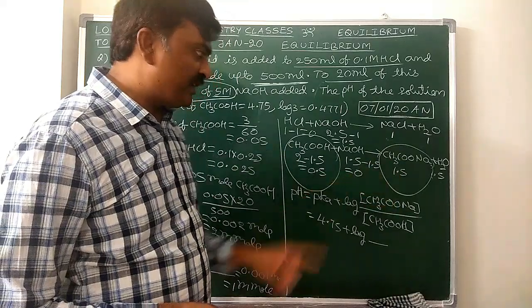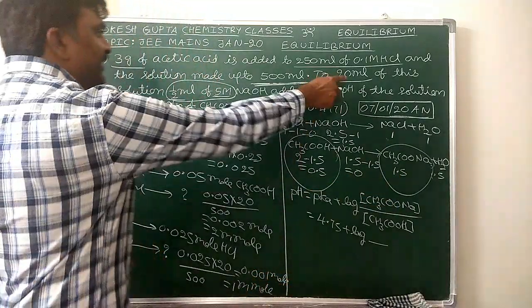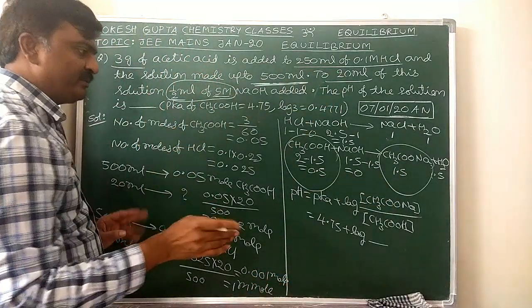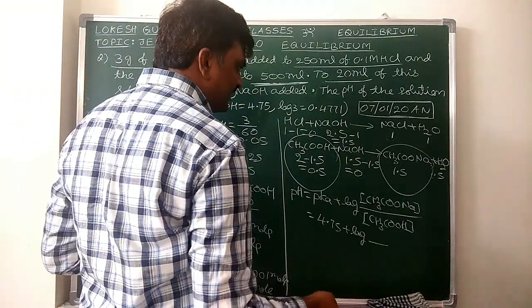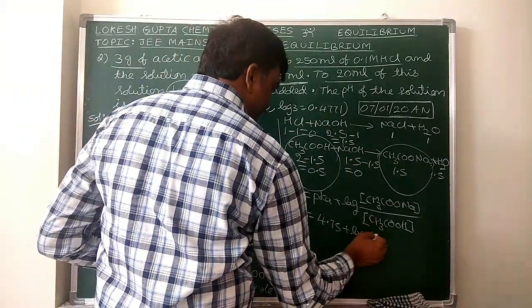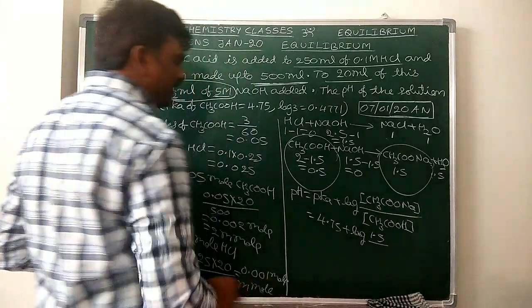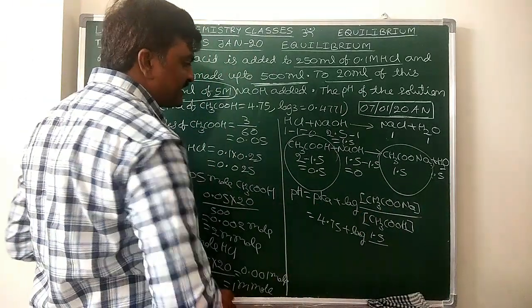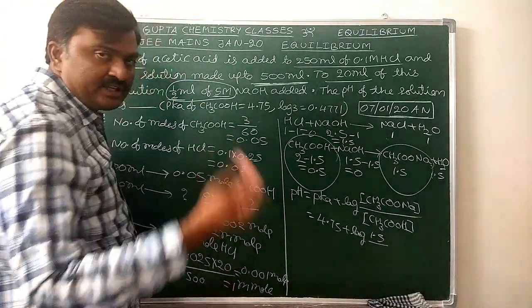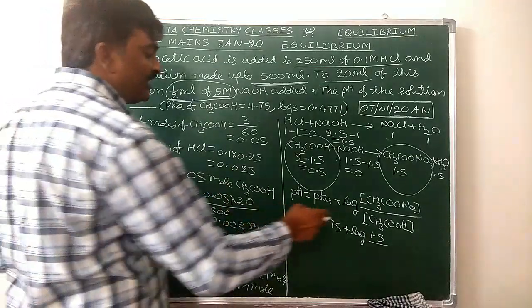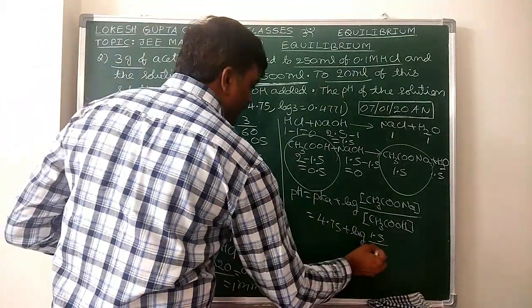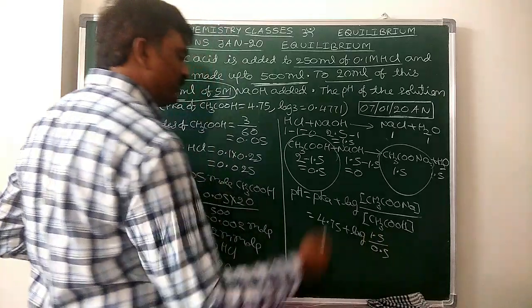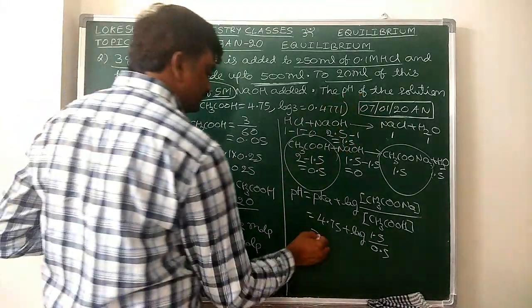Sodium acetate 1.5 millimoles by total volume 20.5. Anyway, that total volume will be cancelled. So 1.5 by 20.5 over acetic acid 0.5 by 20.5. So that will be cancelled.